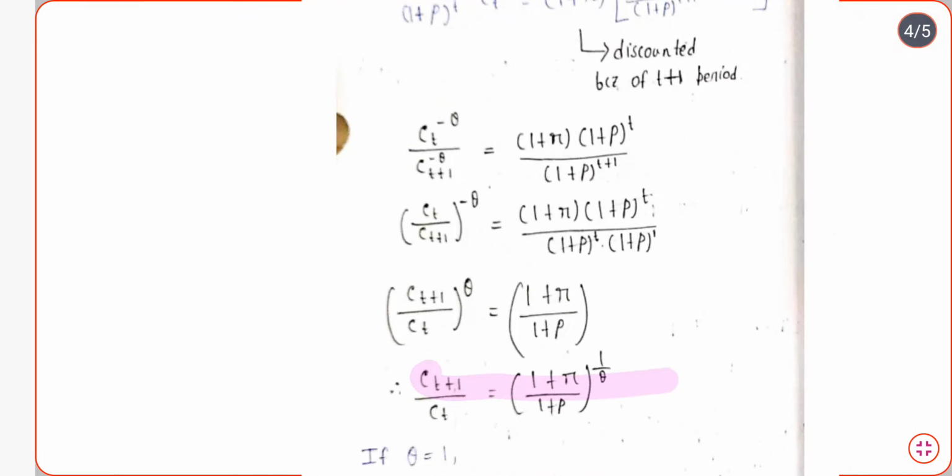Now, in this equation, we will try to put the value of rho and the interest rate, that is R. So R and rho will be put in the equation, and we will try to find out how Ct plus 1 and Ct are related by putting the values of rho and R.